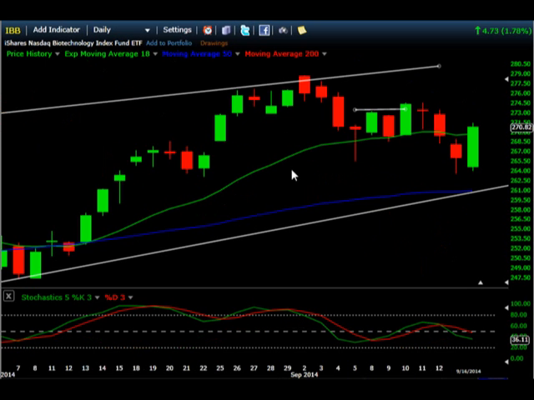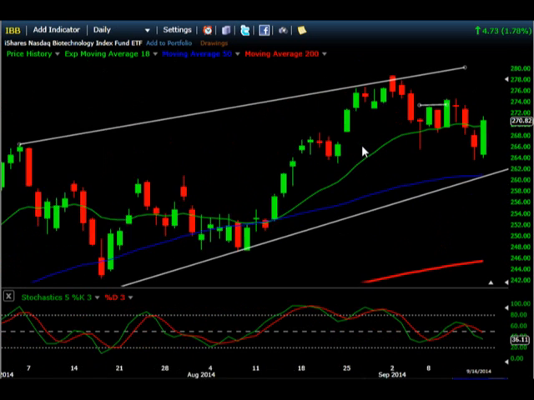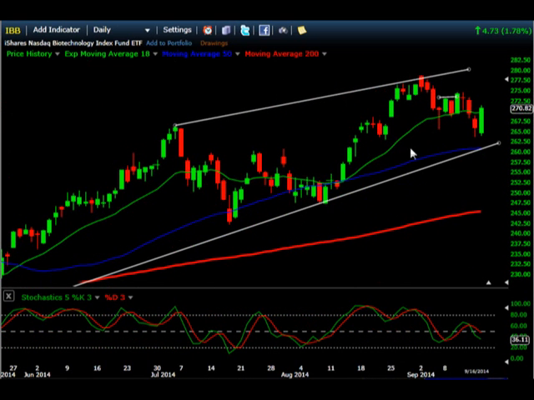IBB, which is biotech. Yeah, this one is a potential. See how it's going. It's within this channel line. Maybe the next potential target is up here. Slow stochastics, though, is pointing downward here. So we haven't got a crossover.